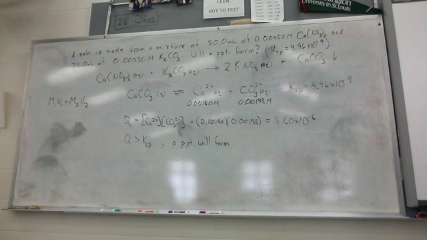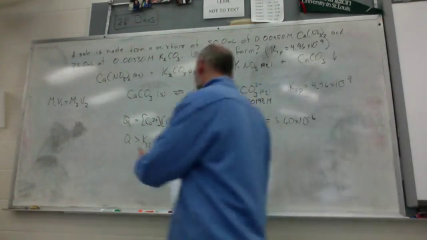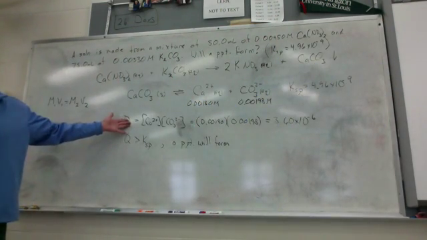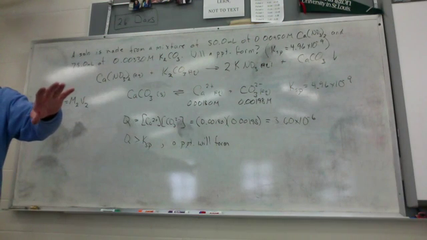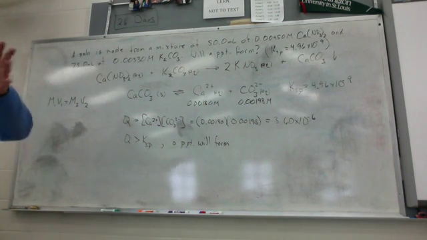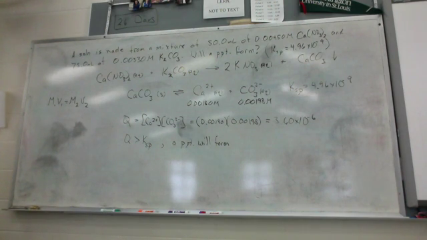Once we know K, what can we calculate? Molar solubility. The amount of stuff that's actually going to dissolve, right? We can also calculate the molar solubility from the Q. Now, we're not going to go through both, because it's going to be the same process for both.